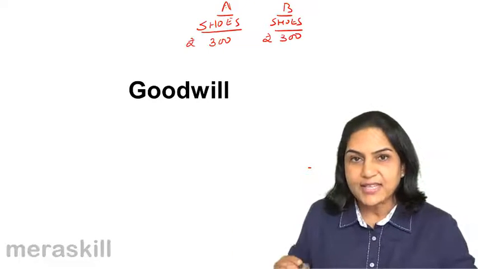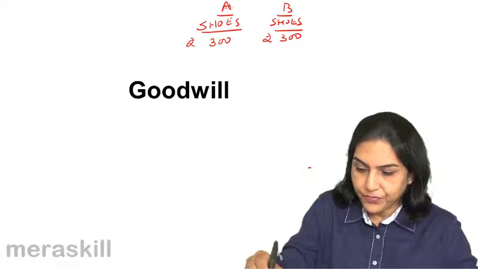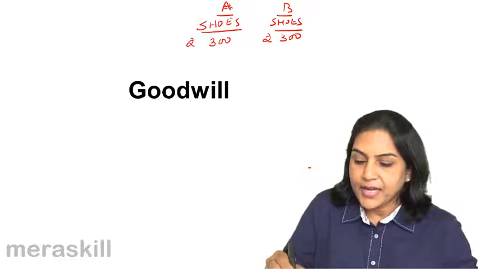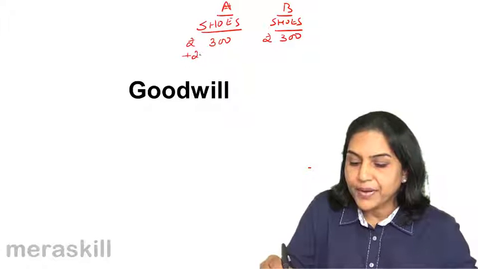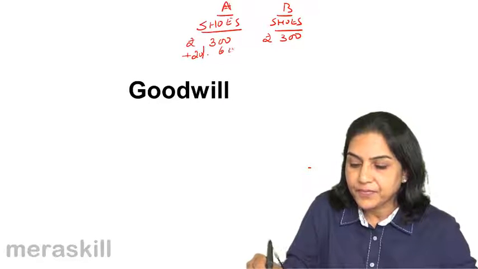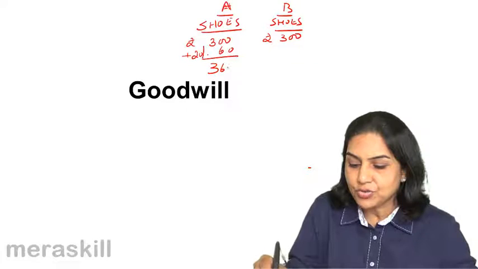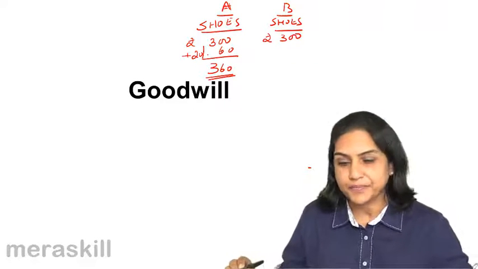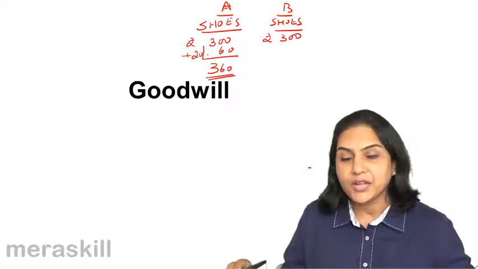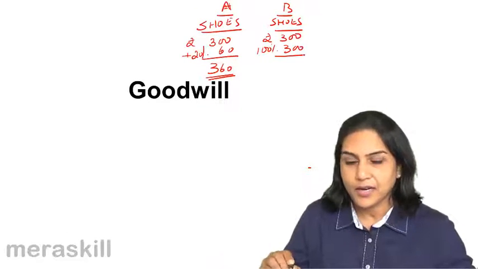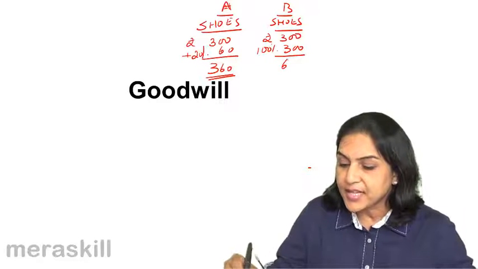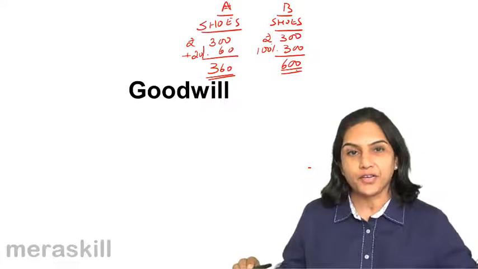Now when A sells the goods, he takes a margin of say 20% and sells these shoes for 360. B on the other hand has 100% margin, and sells these for 600 rupees.